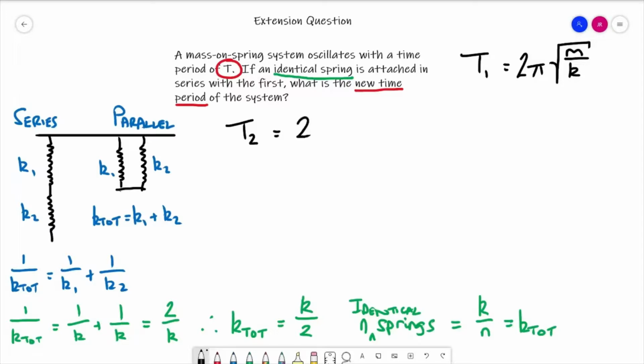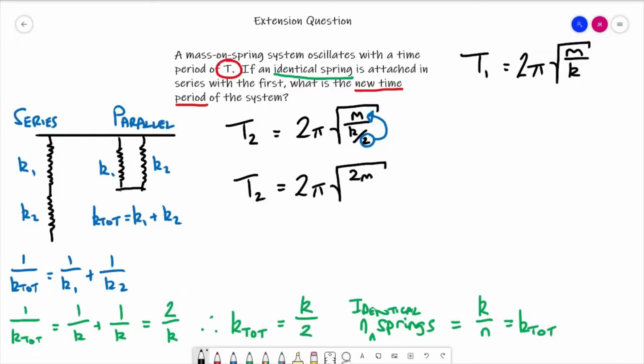T2 is equal to 2 pi root of m divided by our new spring constant. We need the K over 2. We have divided by, so that 2 will end up on the top, and what we're left with then is T2 is equal to 2 pi root of 2m over K.